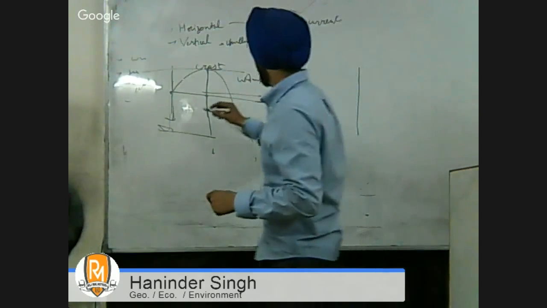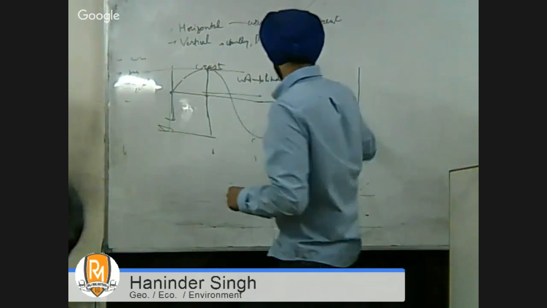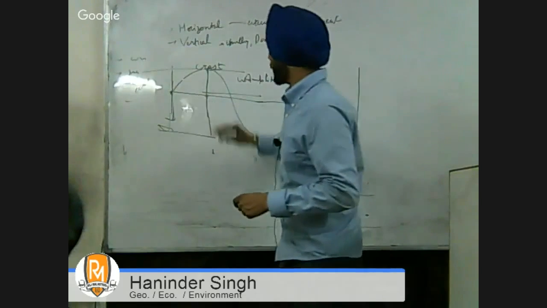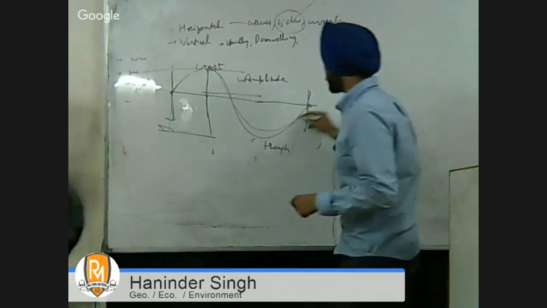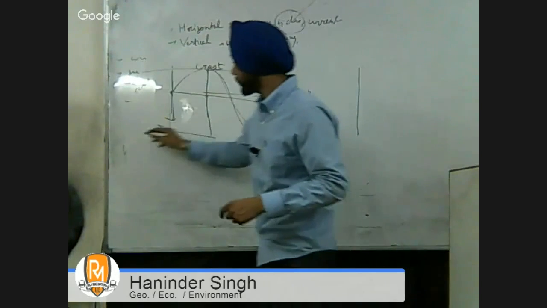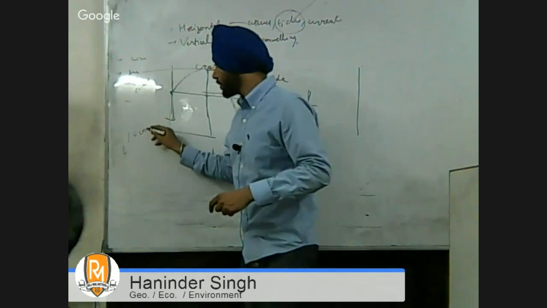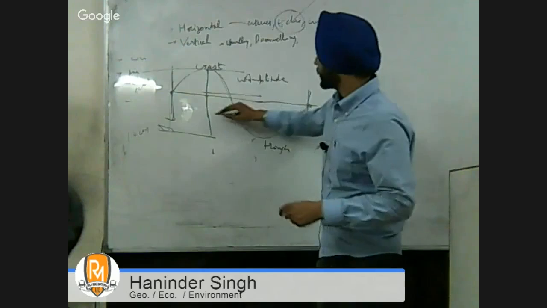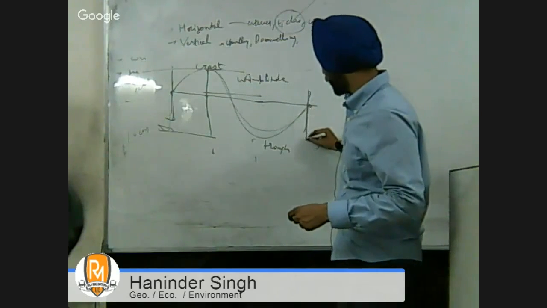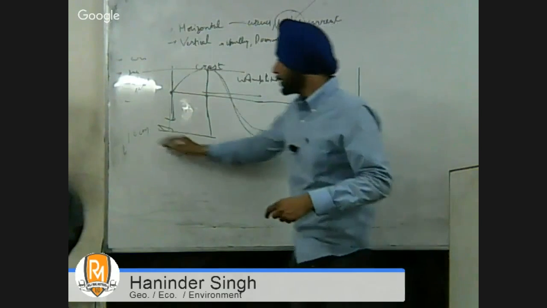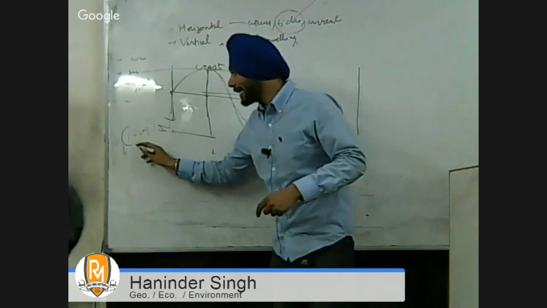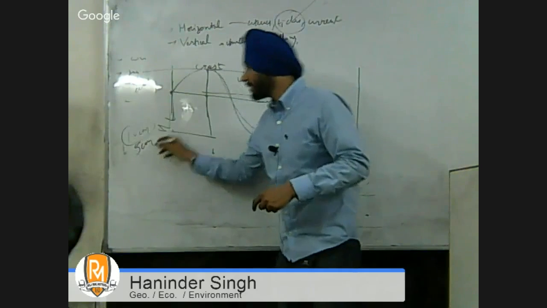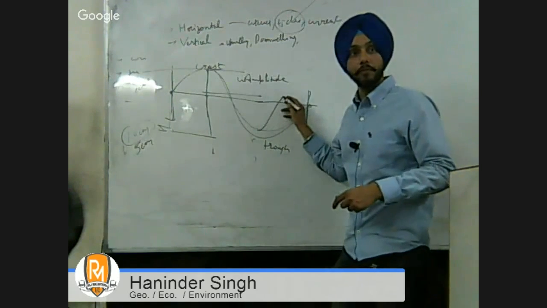It means here, this is the wavelength, okay, say this is 10 centimeter. If the depth of the water here is less than 5 centimeter, this wave won't be able to travel.